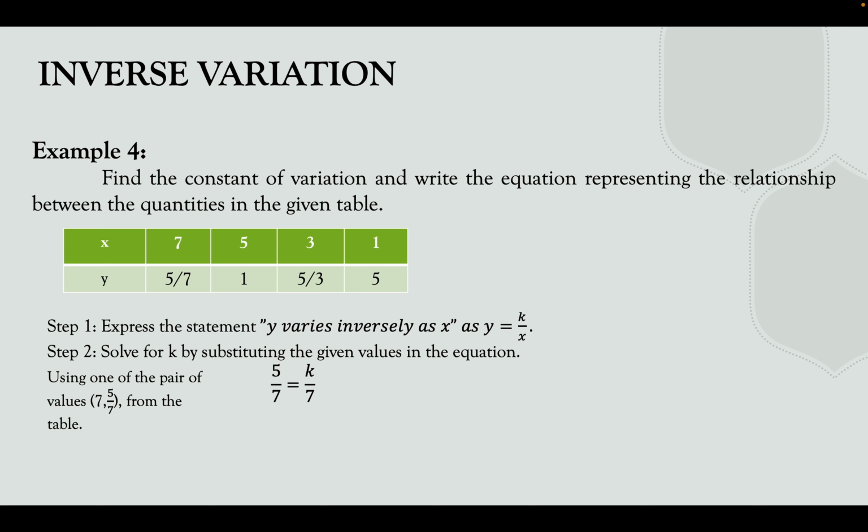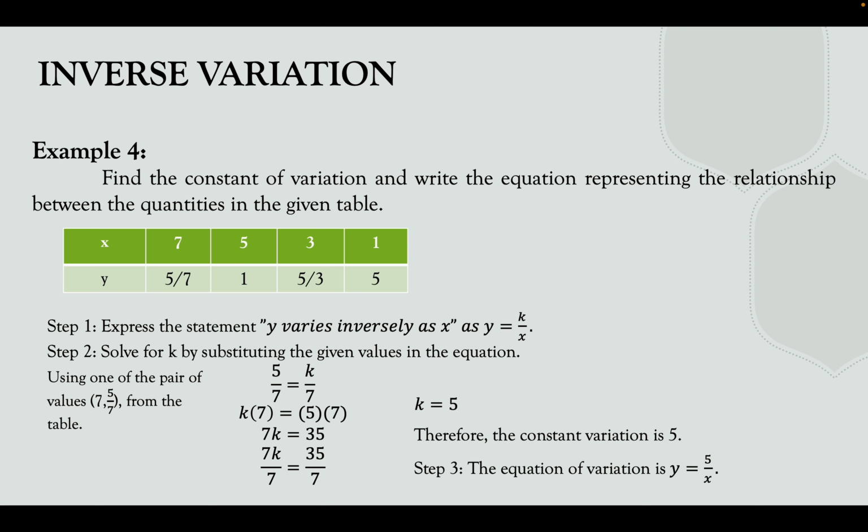So substitute, you will get 5 over 7 as your y equals k over 7 as your x. Cross multiply, you will get k times 7 equals 5 times 7. So we have 7k equals 35. Divide both sides by 7. You will get k equals 5. That means your constant of variation is 5, and your equation of variation is y equals 5 over x.